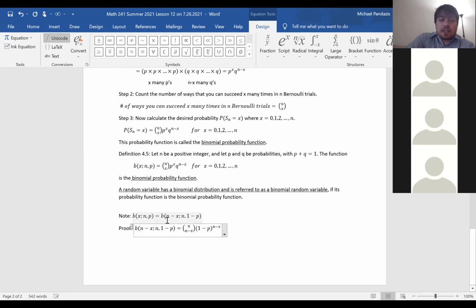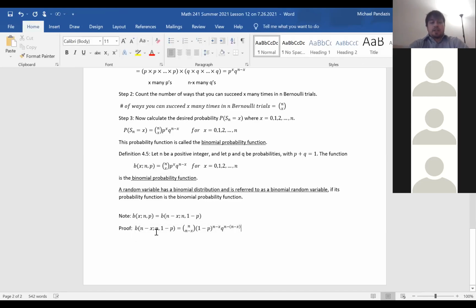And then you have q raised to the n minus this, but this is n minus x, so it's n minus x. So you have n choose n minus x times 1 minus p raised to the n minus x times q raised to the n minus x.